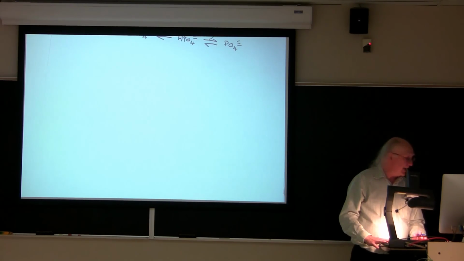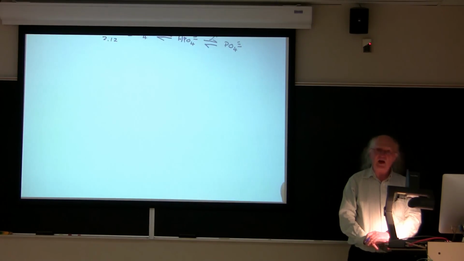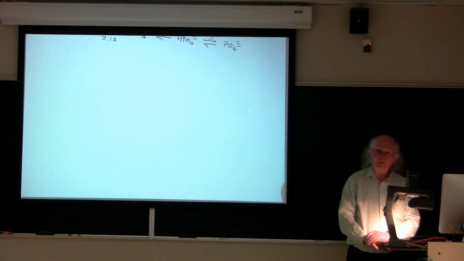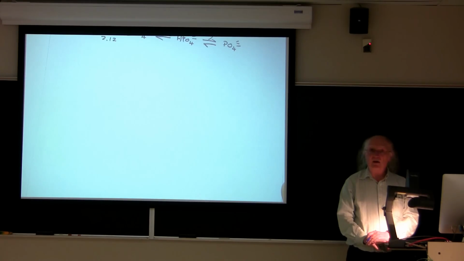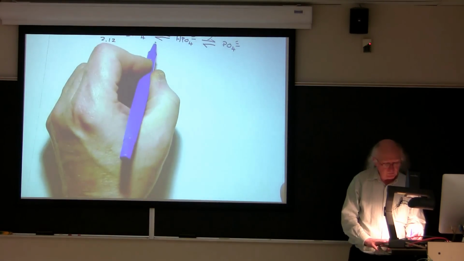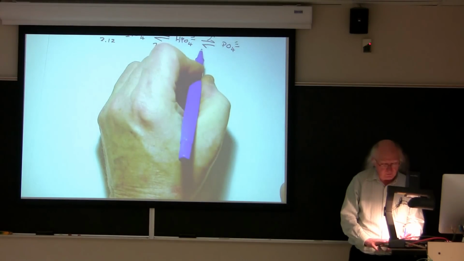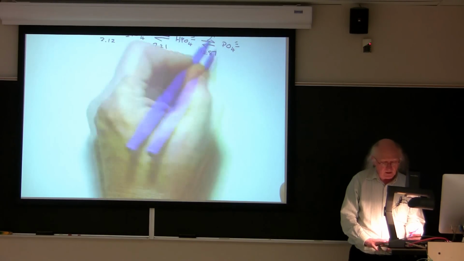So the pKa values that I gave you were 2.12, corresponding to the ionization or loss of the first proton, and the lowest pKa value will always be the loss of the first proton. The second pKa value I gave you was 7.21, and the third pKa value I gave you was 12.87.